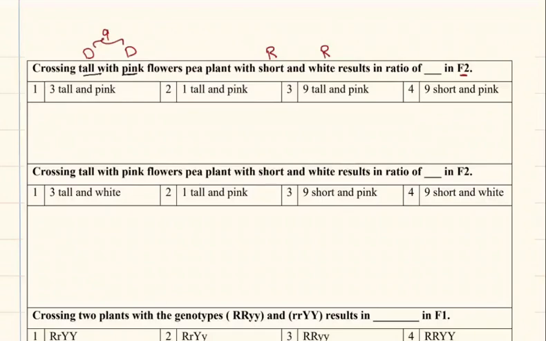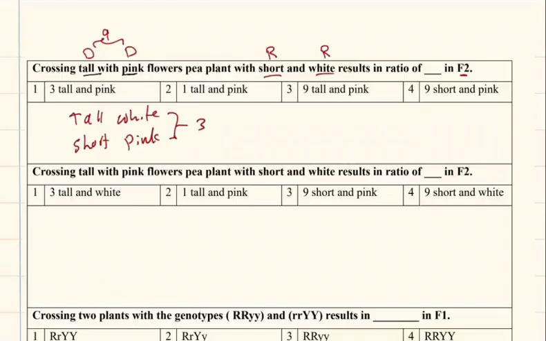I'm going to have 1 short and white. I'm going to have tall and white, and I'm going to have short and pink. These are going to be 3 because they are dominant recessive, recessive dominant.